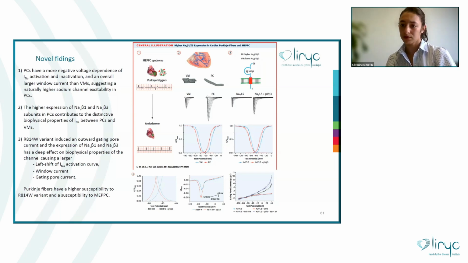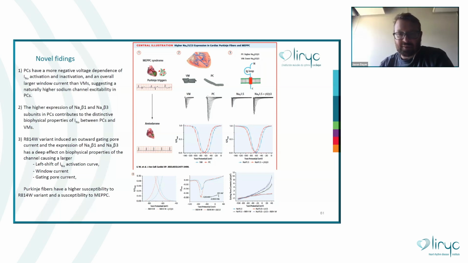That's fine. Another thing for me, and I think this is me being kind of naive: that means there are different stimulus thresholds. If the window current is shifted to different voltages, that means you should stimulate the Purkinje first before the myocardium?